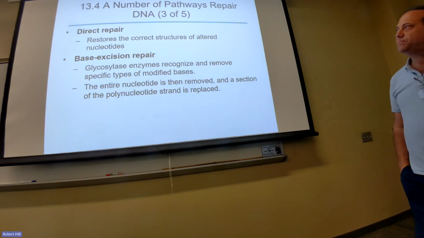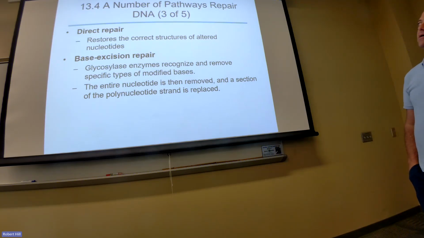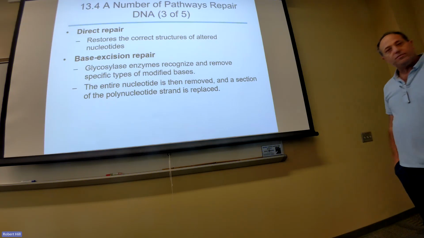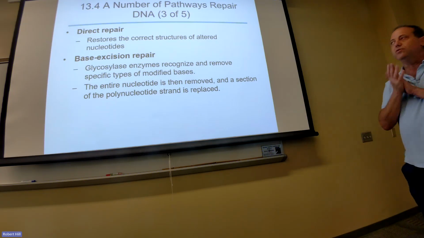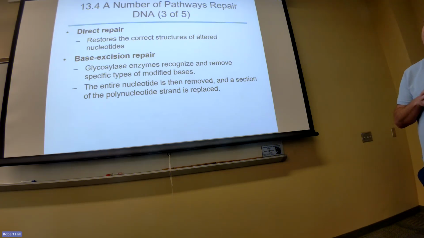All right, so direct repair, this is correcting the actual structure of the DNA. So if there was like the addition of an alkyl group, it would remove that alkyl group, something like that. Base excision repair. So there are enzymes that will recognize and remove specific modified bases, like glycosylase enzymes.